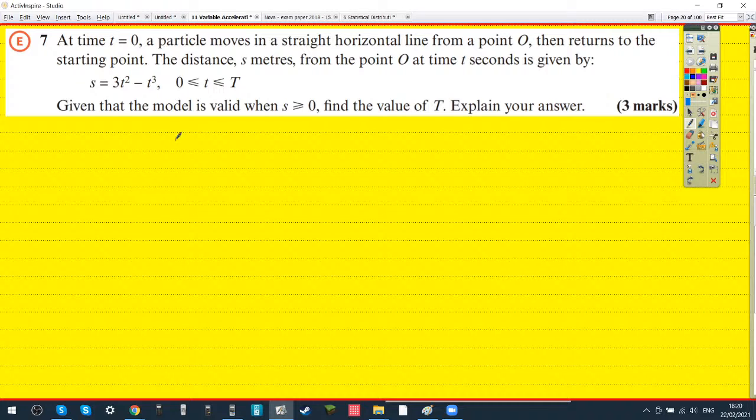So is that just me doing 3t squared minus t cubed is smaller or equals to 0? Greater than or equal to 0, okay. And then go into my calculator. I got t is equals to 3. So t is equal to 3, and it says explain your answer.